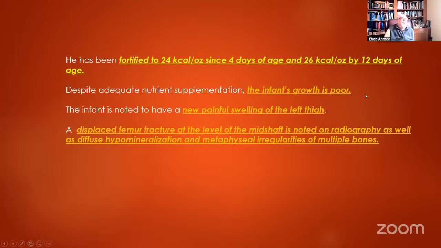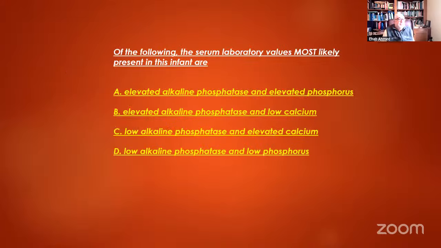We are dealing with an inherited disorder affecting bone, teeth, joints, growth, intrauterine and extrauterine. And this disease is hypophosphatasia. Question: if this is hypophosphatasia, what are the serum laboratory values most likely present in this infant?